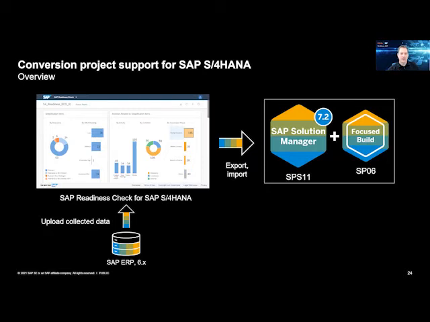It talks about simplification items and the activities related to the simplification items. This comes from data out of your ERP system. And you can take the results and download them, export them, and put them into SAP Solution Manager and Focus Build. And then you can assign work packages, work items, or even complete projects to deal with the simplification items. So lots of things that help you on your journey to S4.